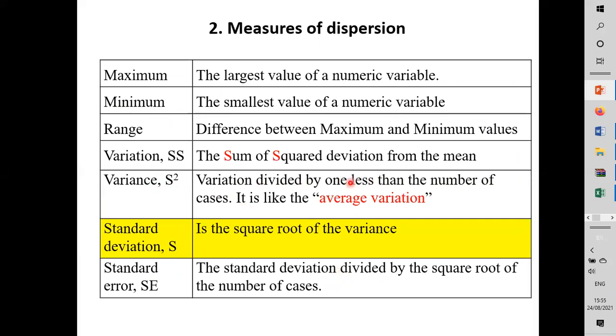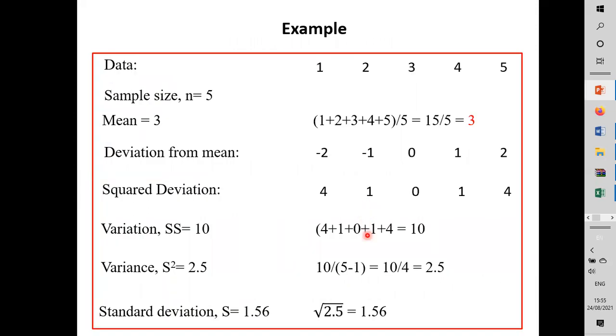Divide by n minus 1 is like average variation. Now, this is important when you do ANOVA later. And then finally, standard deviation is the square root of the variance. You don't have to remember the formula, but this is how it is derived.